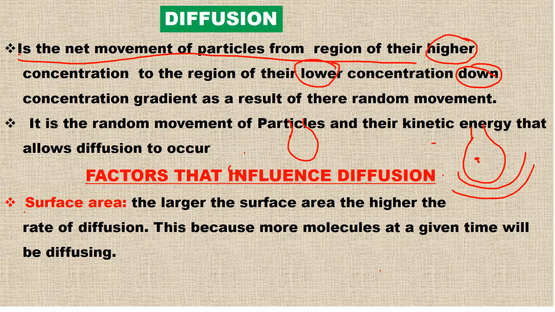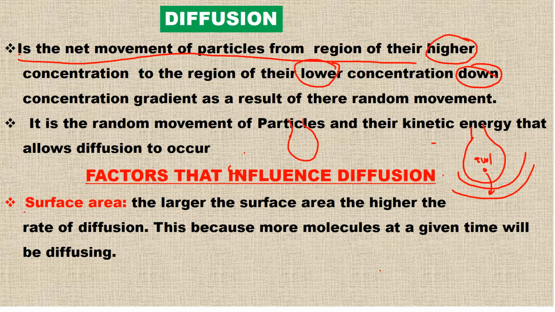So this is the alveolus. Oxygen diffuses into the blood capillaries. What is the reason why it diffuses? It is because oxygen is in higher concentration in the alveolar surface compared to inside the blood capillary. So it is able to diffuse from the alveolus into the bloodstream.